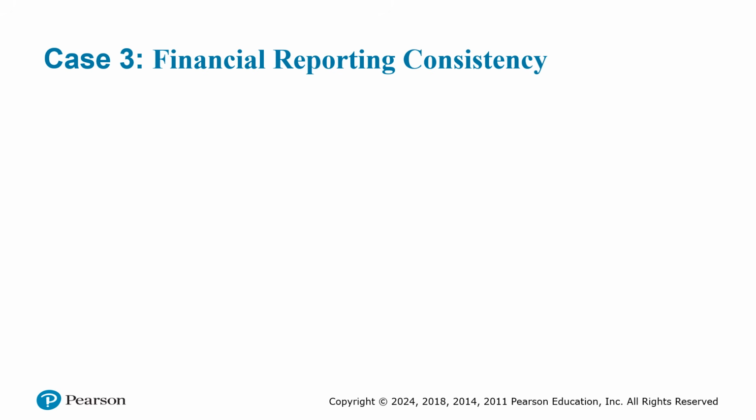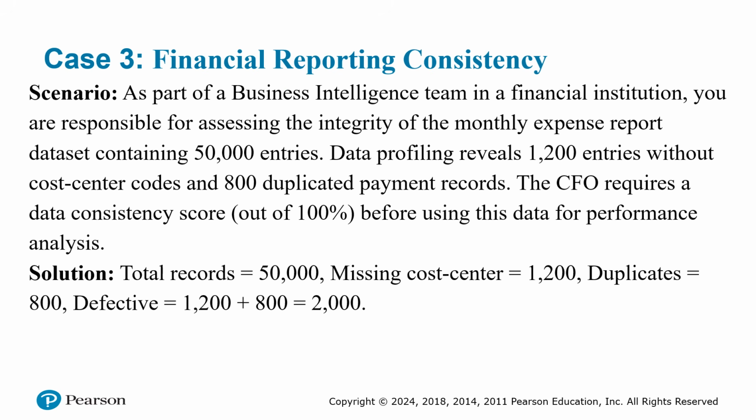If you talk about the same context in finance reporting consistency, for this example we have 50,000 entries, and data profiling reveals 1,200 entries without cost center codes, and 800 duplicate payment records.